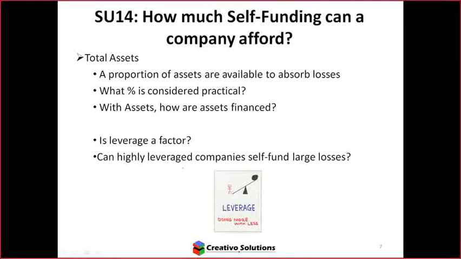Right, here's another factor. Factor number 2, remember the question is, how much self-funding can we afford? Another consideration is the total assets. A portion of your assets are available to absorb your losses. So Melanie, what do you think is a practical percentage of total assets that we should use as a business to cover self-funded losses?